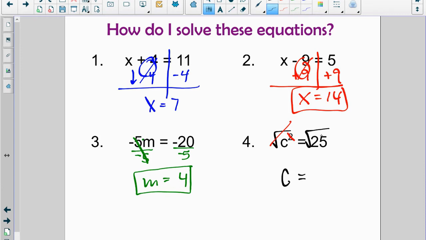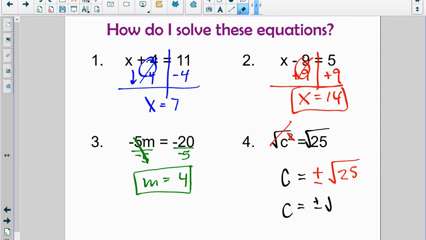Now on the other side, we have the square root of 25, but we have to include the positive negative symbol with the square root of 25. And in this case, we can actually simplify the square root of 25. Since 25 is a perfect square, it just ends up being 5 and -5.